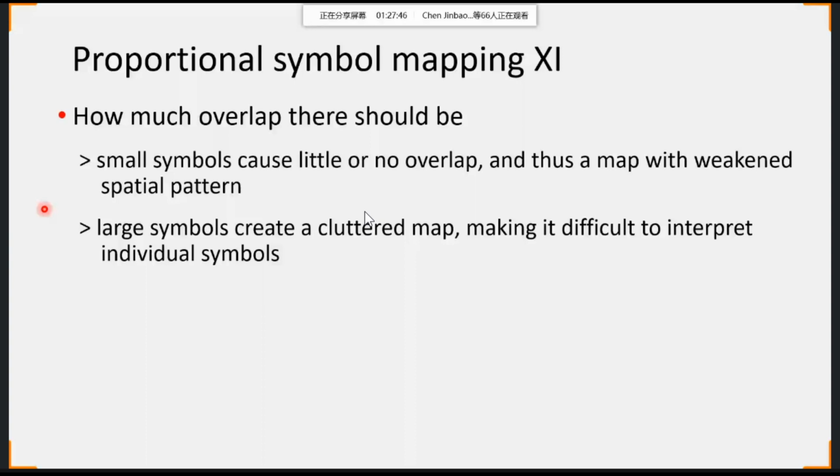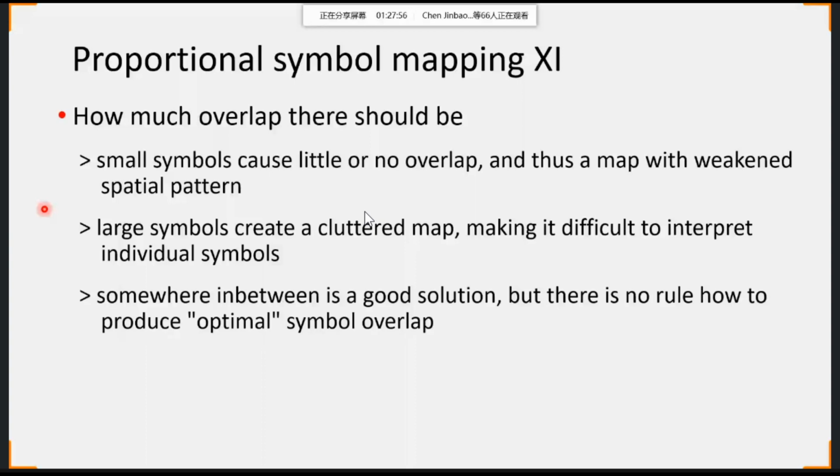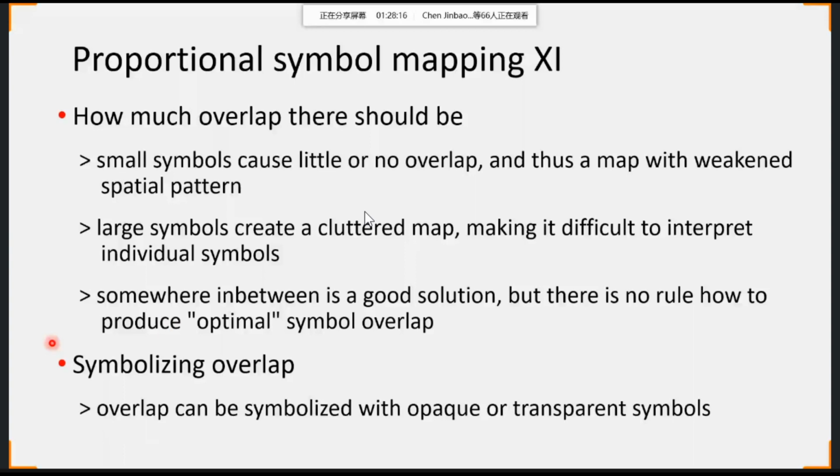So again, we should try to find a middle way to avoid the negative consequences of the two extremes. Somewhere in between is a good solution, but there is no exact rule for how to produce optimal symbol overlap. Symbolizing overlap is also an option. Overlap can be symbolized with opaque or transparent symbols. This is also an option.